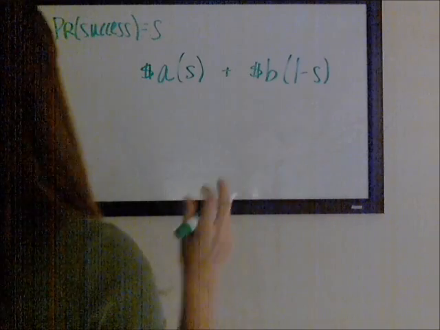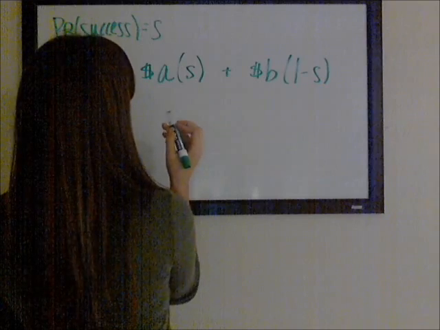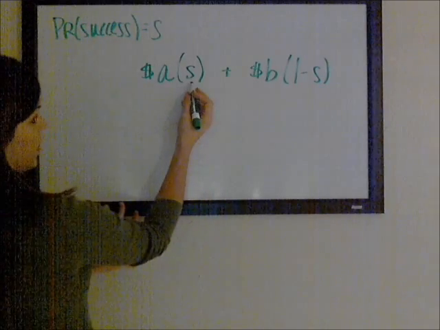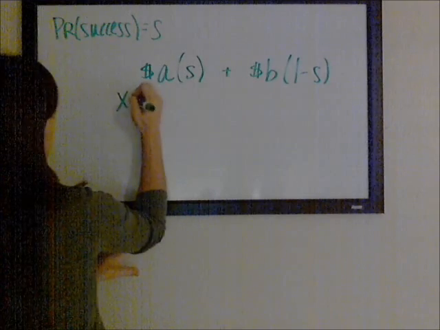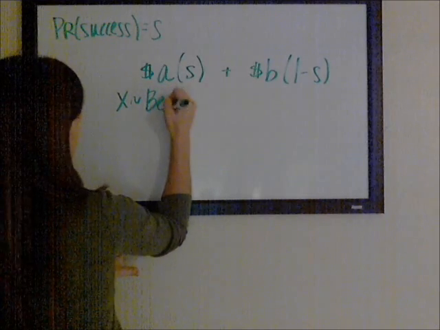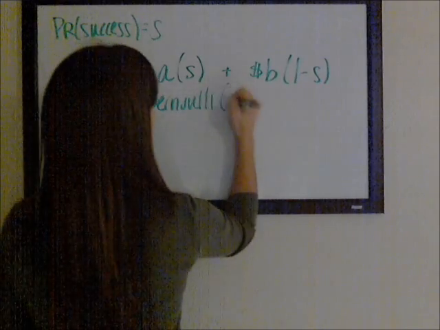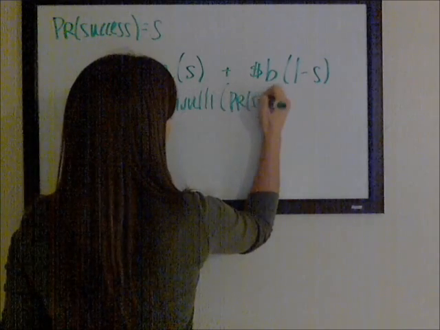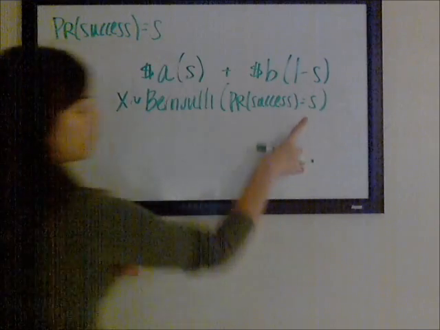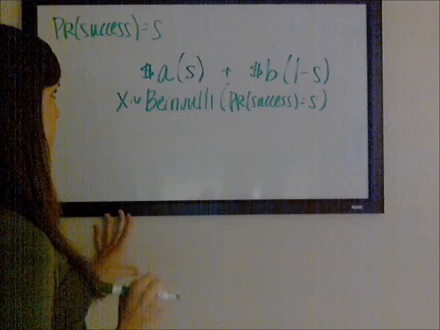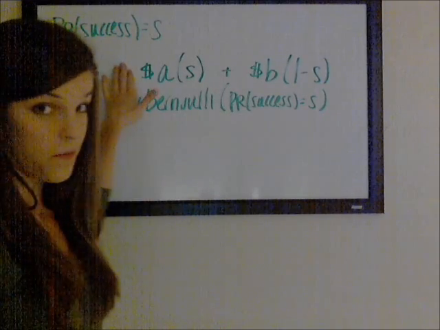Let's call this random variable x, and say x is a Bernoulli random variable with probability of success equal to S.